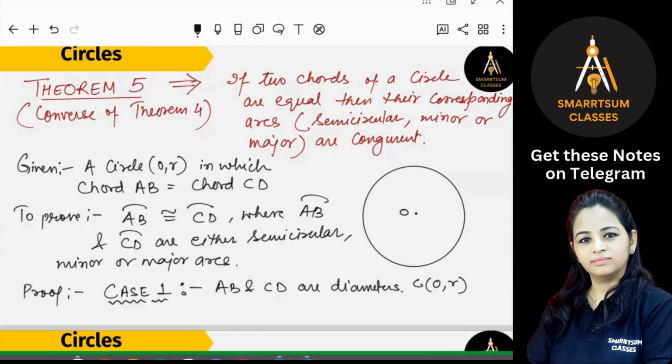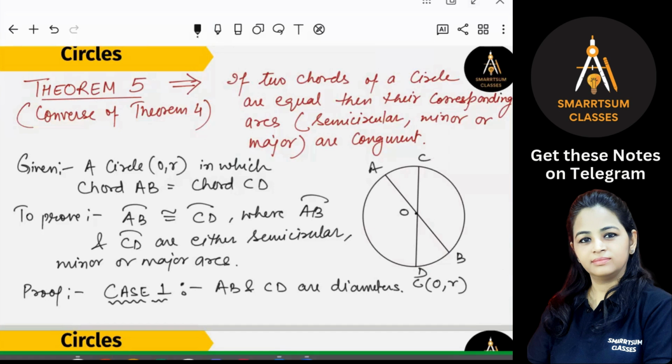So now let me draw the two chords here. Suppose this is AB, and this is CD. These chords are passing through the center of the circle, and that's why these are the diameters.